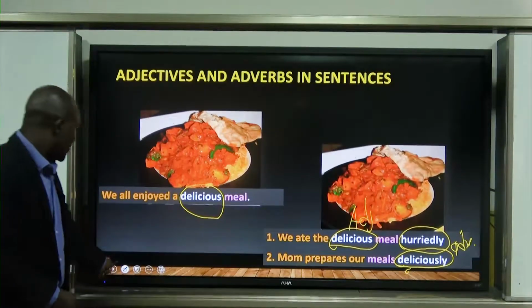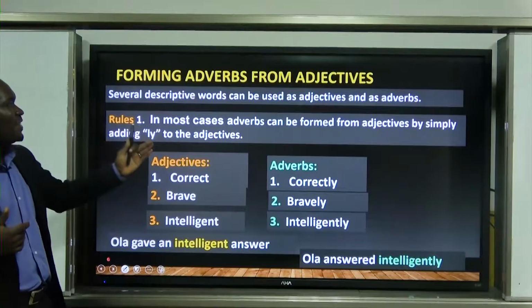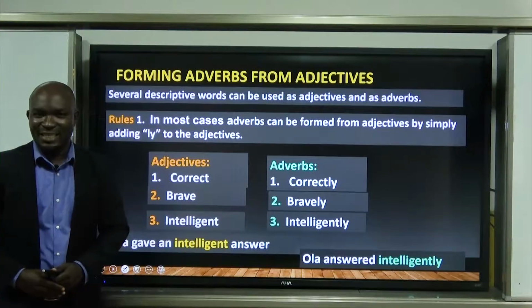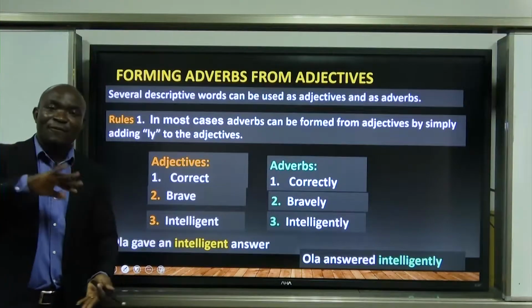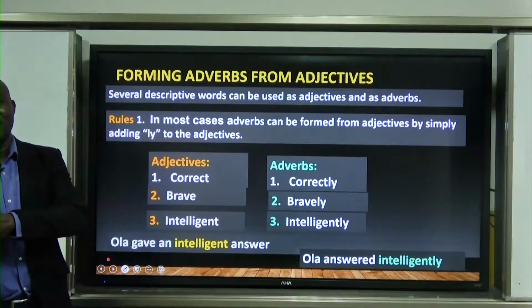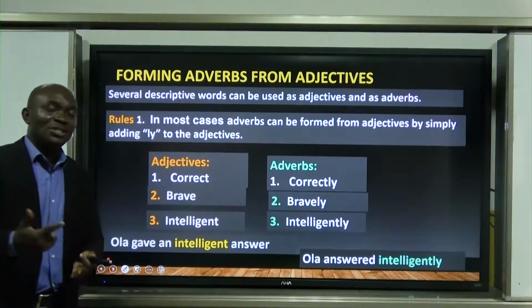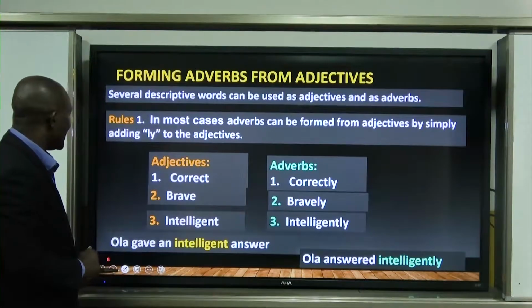So come along. Quickly, let's consider forming adverbs from adjectives. So one word that is an adjective, we can form an adverb from it. We can also turn an adverb and use it as what? Adjectives. I'm sure you will understand that.